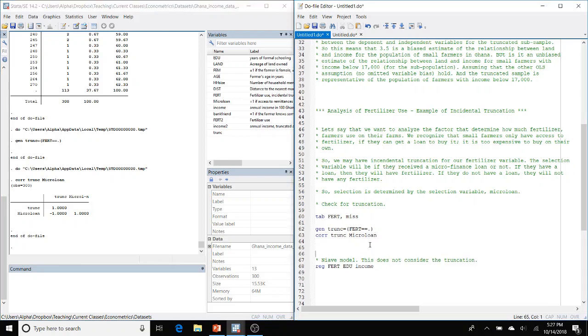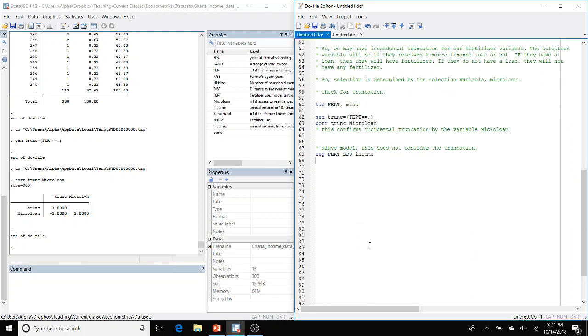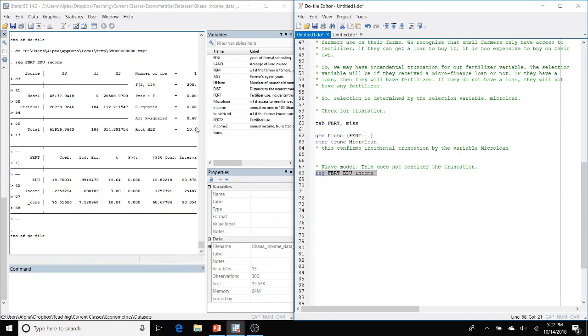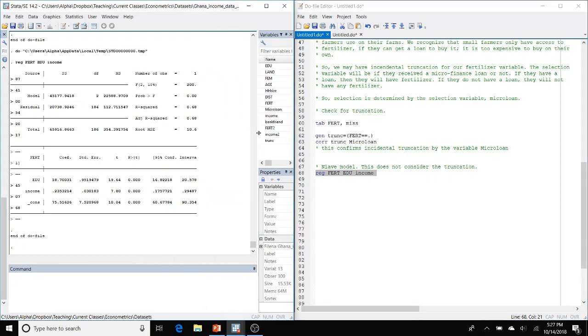All right, so this confirms incidental truncation by the variable microloan. Now the naive model, the model that doesn't consider truncation, is just the OLS model regressing fertilizer on education and income. All right, so we can run this model. This is our naive model. Oh, I gotta shrink this down.